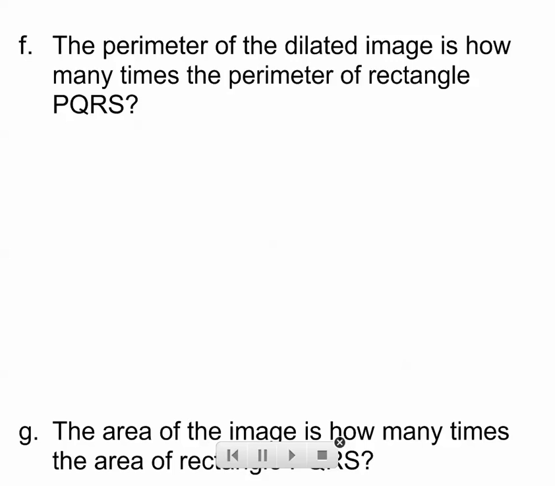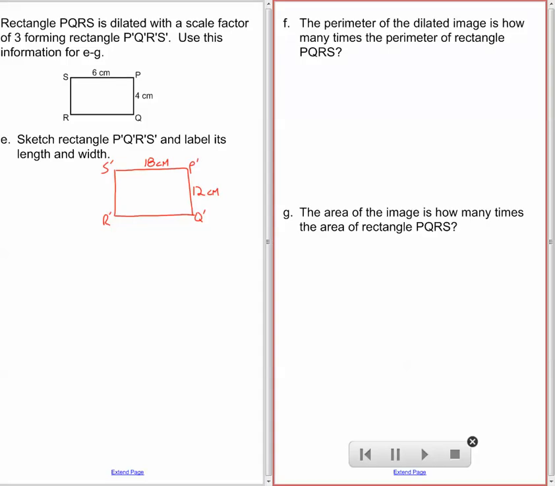All right, and this one pertains to the previous image too. The perimeter of the dilated image is how many times the perimeter of rectangle PQRS? Okay, first I'll figure out the perimeter of PQRS, or perimeter 1, would be 6 plus 6 plus 4 plus 4, which is 20 centimeters. So the original figure had a perimeter of 20 centimeters.